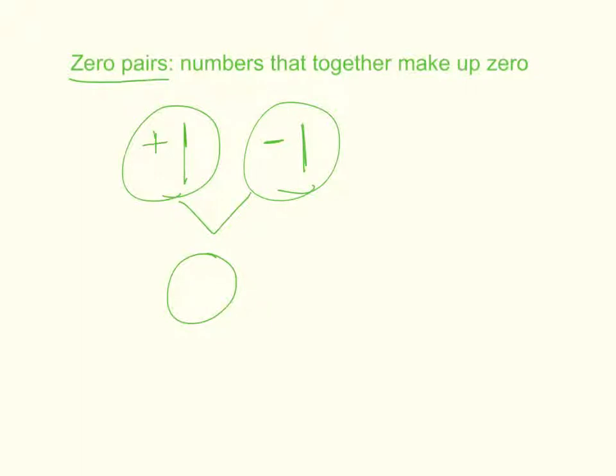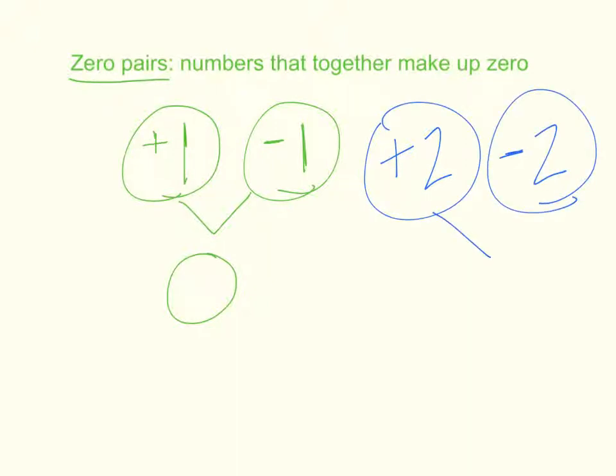Okay? So if I had a +2 and a -2, when I put them together, those make 0. So that's what a zero pair is.